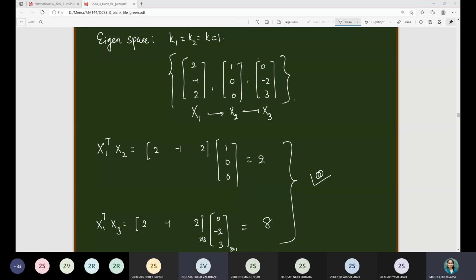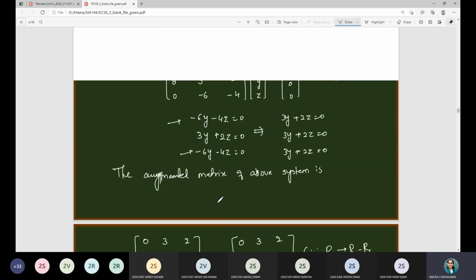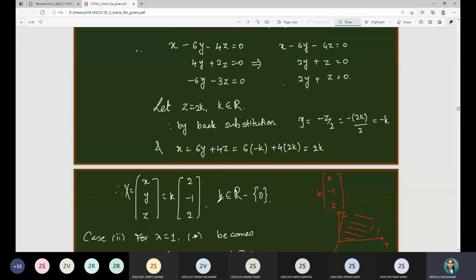Ma'am, can you explain this eigenspace portion again? What do you mean by eigenspace, Krish? Ma'am, this one, the eigenvectors, if we combine. Set of all eigenvectors. Yes, ma'am. Yes or no? So in this case, which are the eigenvectors? Set of all eigenvectors means here we have the case.